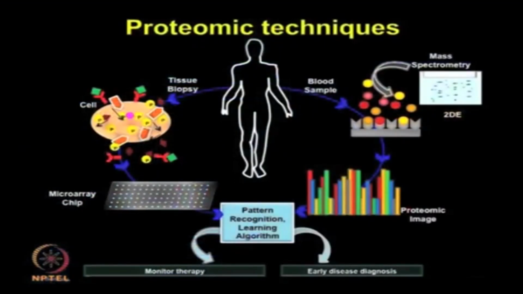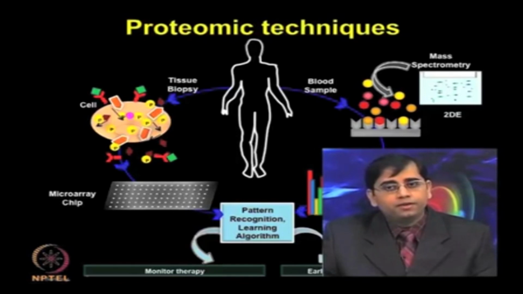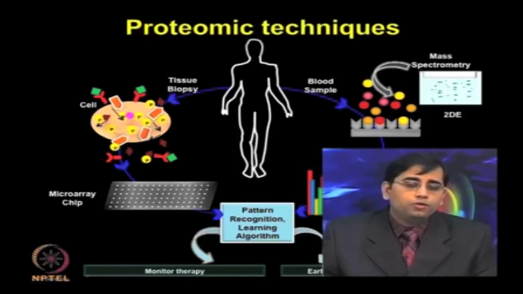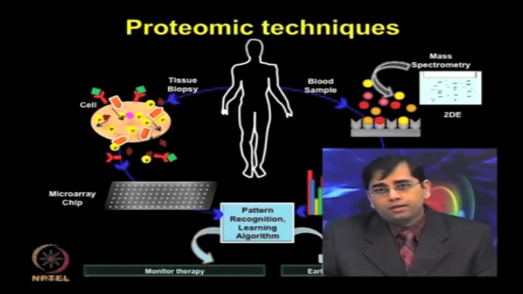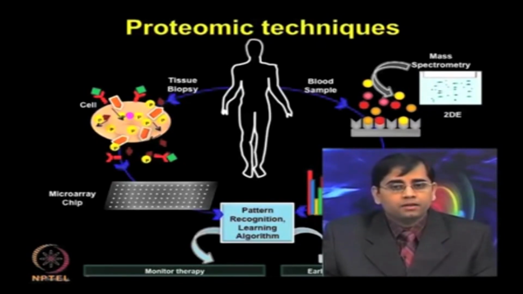For example, looking at some clinical sample for identification of biomarkers of a disease, one can employ samples such as tissue or blood or different types of body fluids, and then either directly extract the protein and subject it to mass spectrometry, or first resolve on two dimensional electrophoresis followed by identification on mass spectrometry, or take these samples directly and apply them on microarray based platforms and then detect using label based or label free methodologies.